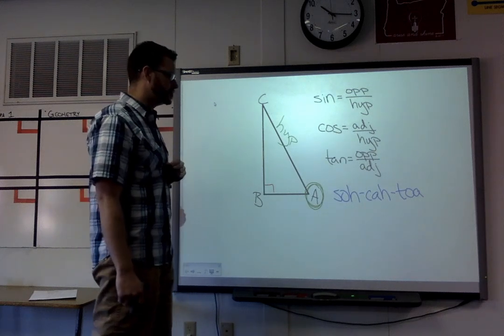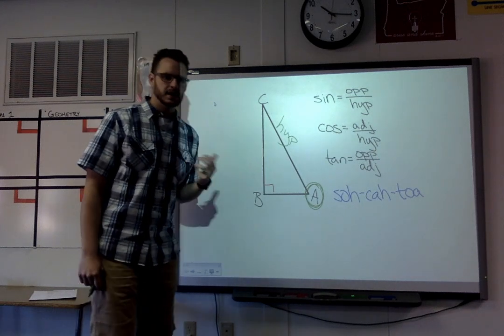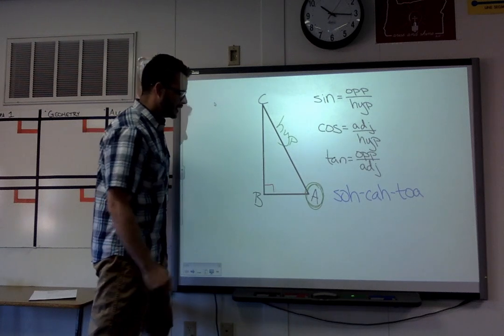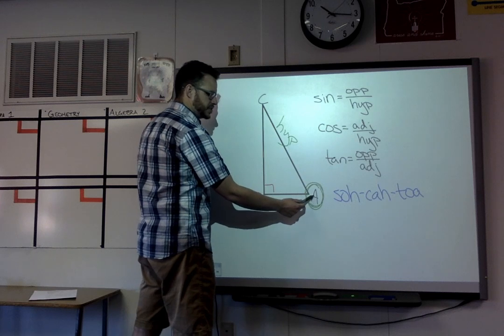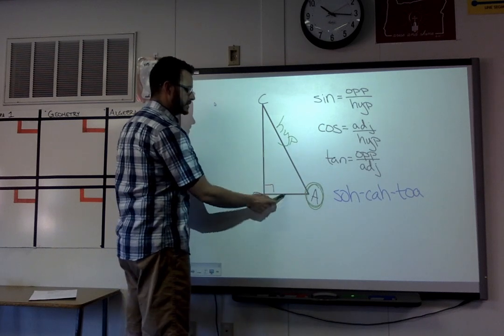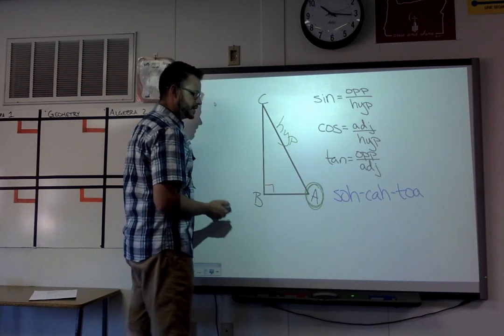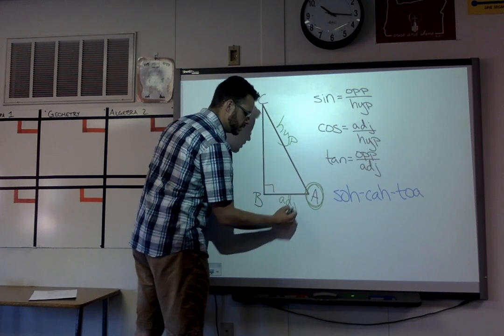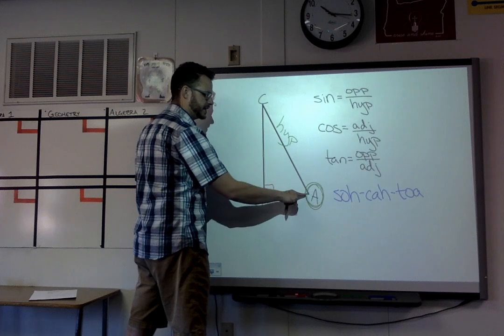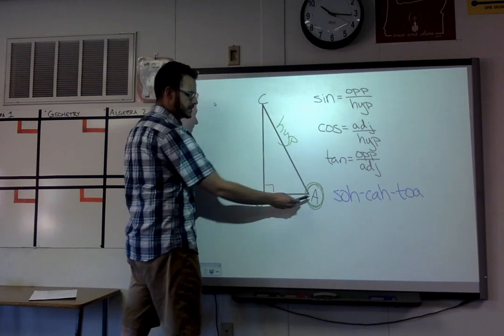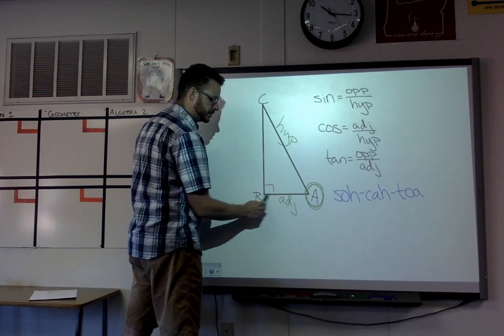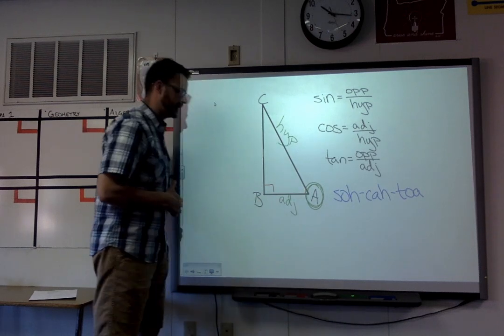That's true no matter what for all of math. The hypotenuse is always the longest side of the triangle. But then we have our adjacent and our opposite, which are always going to be the two shorter legs. The adjacent will always be the side that is shared with the angle. So for angle A, the hypotenuse is one side, and the other leg will be your adjacent side.